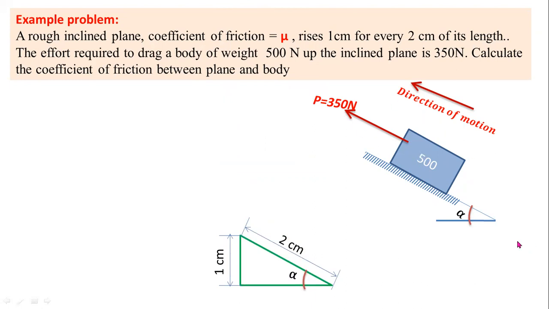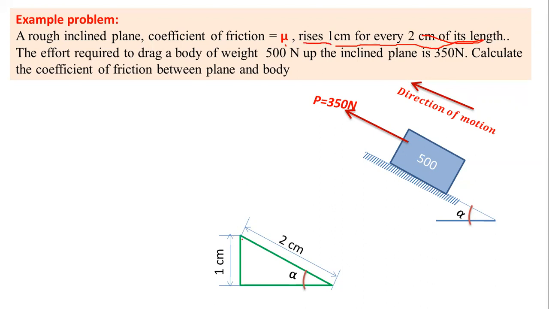Then after you have to determine the angle of inclination alpha. From the given data, you can observe a rough inclined plane, coefficient of friction mu, rises 1 centimeter for every 2 centimeters of its length. Rises means height.